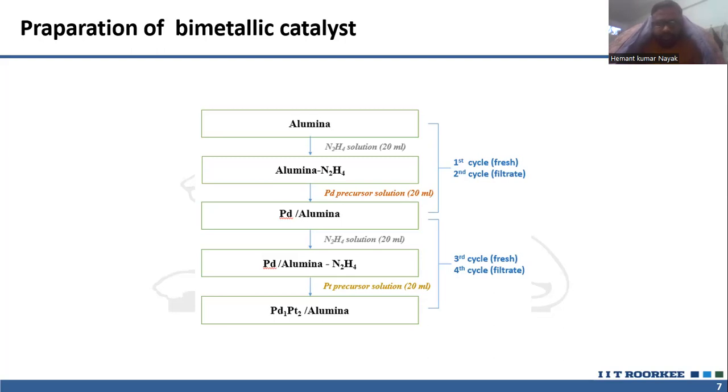In this way we can produce the bimetallic catalyst. So there are 4 cycles: first cycle fresh, second cycle filtrate, and then third cycle fresh and fourth cycle filtrate. In this way we can produce the bimetallic catalyst.